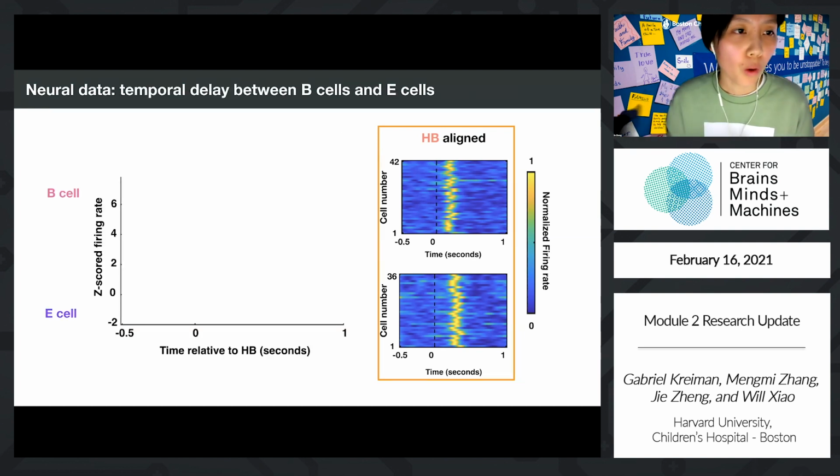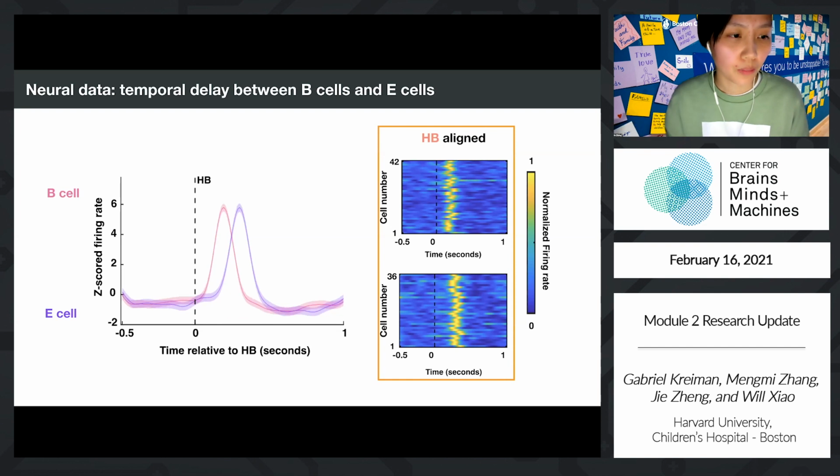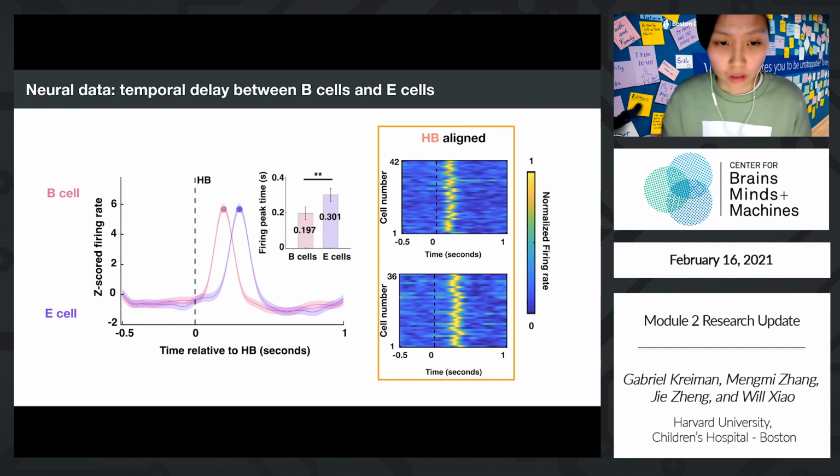So we further quantified this temporal relationship by computing the average firing rate within each cell population. The pink line here is the boundary cells' average firing rate trace, and the purple one is from the event cells. Apparently the boundary cells respond a little earlier, approximately 100 milliseconds earlier than the event cells.